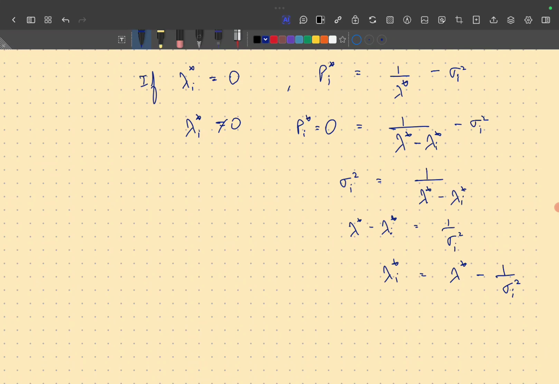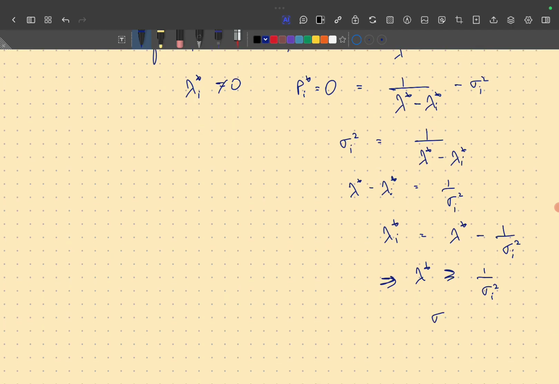But now I also have the dual feasibility constraints to take care of. So lambda I star should be greater than or equal to 0 for all I. So lambda I star not being equal to 0 can only happen if lambda star is greater than or equal to 1 by sigma I square, or sigma I square is greater than or equal to 1 by lambda star.